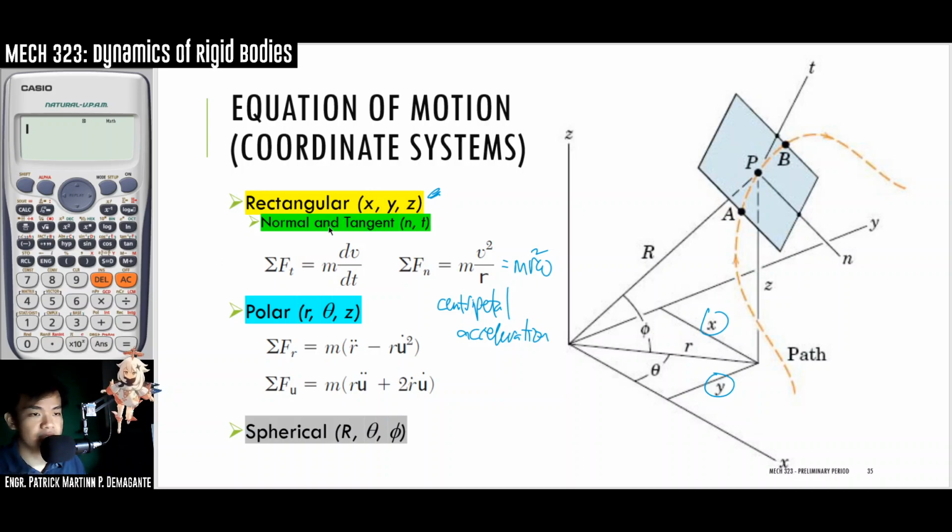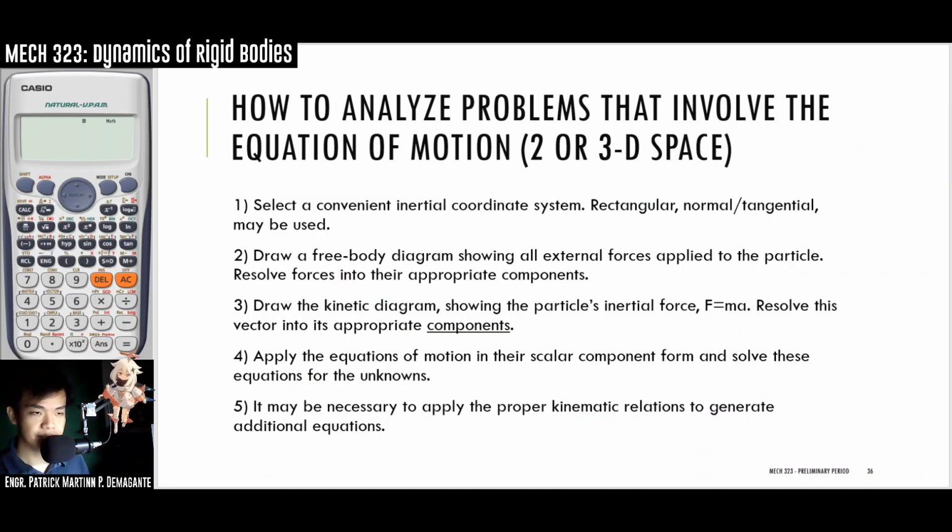Okay. So, going with the flow of your module, nagbigay siya ng tips how to analyze problems that involve the equation of motions 2D or 3D space. So, dito, select a convenient inertial coordinate system. So, rectangular and normal tangent coordinates may be used.